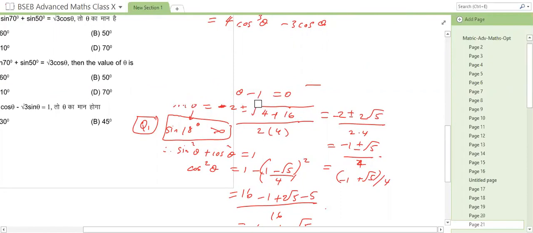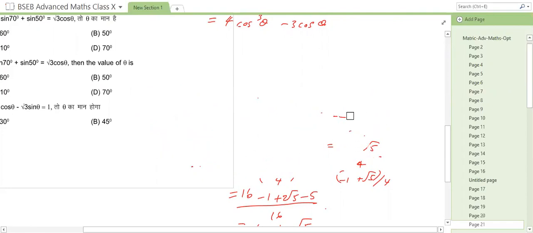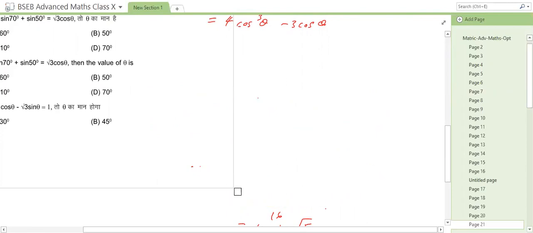So we have sine of 70. What is sine of 70? It will be sine of 90 minus 20 degrees. The reason why I'm using 90 is because it's a special angle.